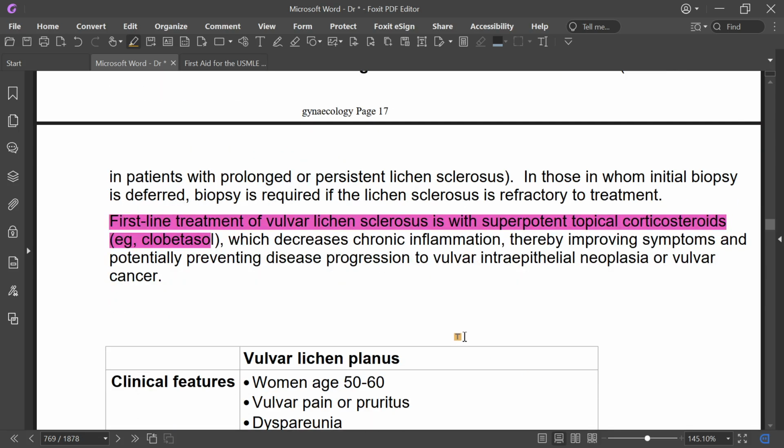So if you don't treat, lichen sclerosus causes thickening and it can cause vulvar intraepithelial neoplasia and vulvar cancer. So for confirmation of cancer, punch biopsy should be done, and the treatment is a topical potent corticosteroid like clobetasol.